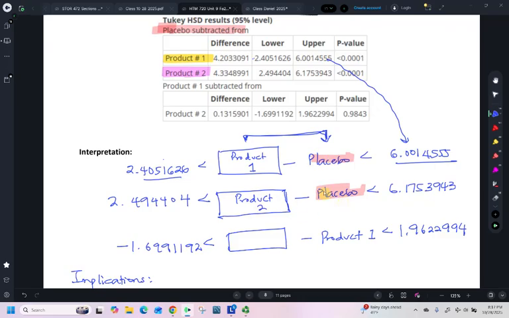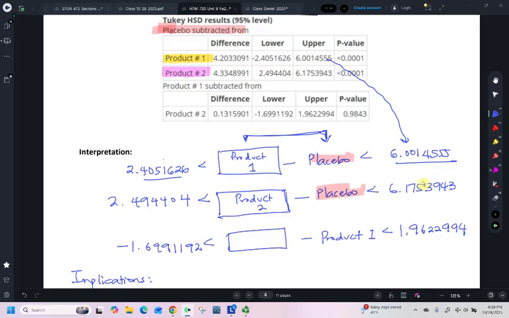Placebo, the difference it makes, hence the minus, is between 2.49 to 6.17. So what do you think? Again, these are positive values. It means that product 2 is performing significantly better than what? Than the placebo group in terms of weight loss.